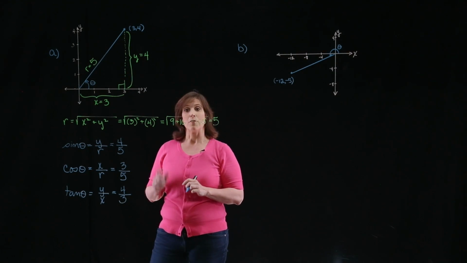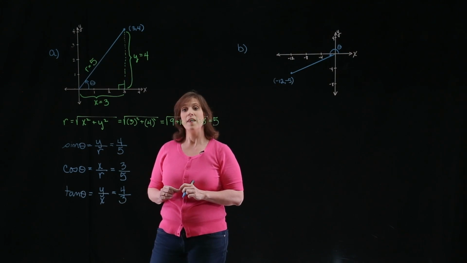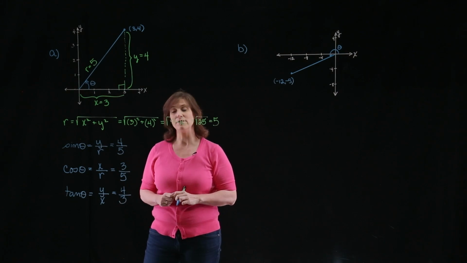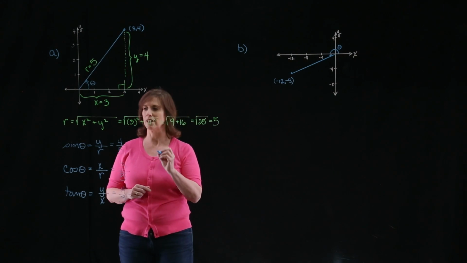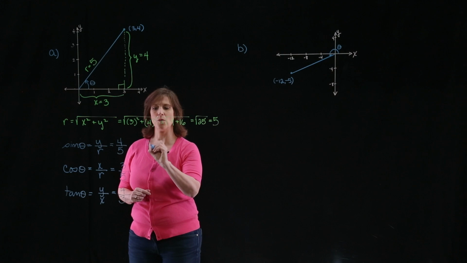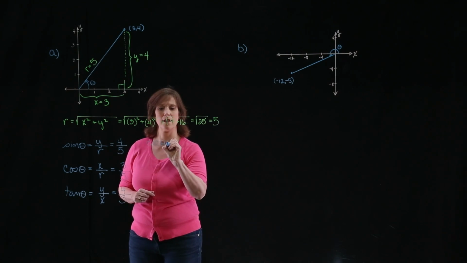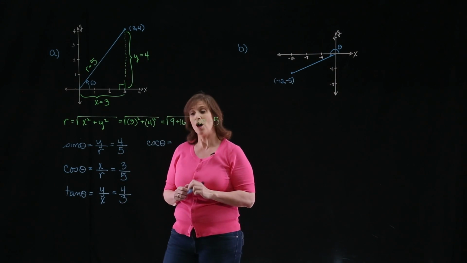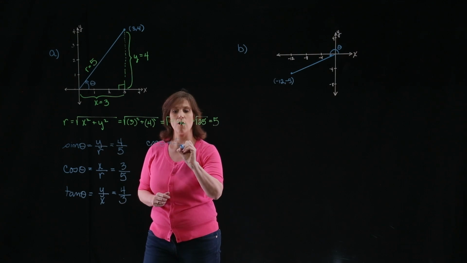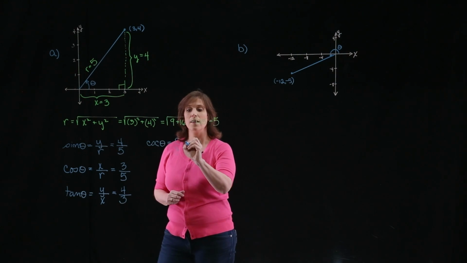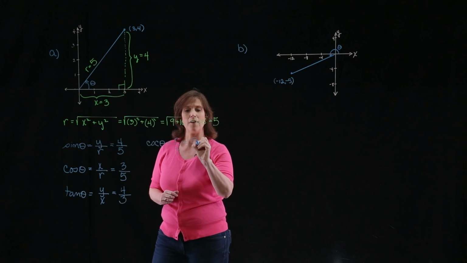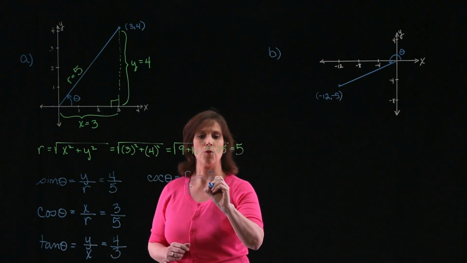We have 3 more trig functions to go. They're all the reciprocals of the ones I've shown already, but let's take a look at them by definition. The first one is the cosecant of theta. By definition, the cosecant is r over y. The r value I calculated to be 5, and the y value is 4.